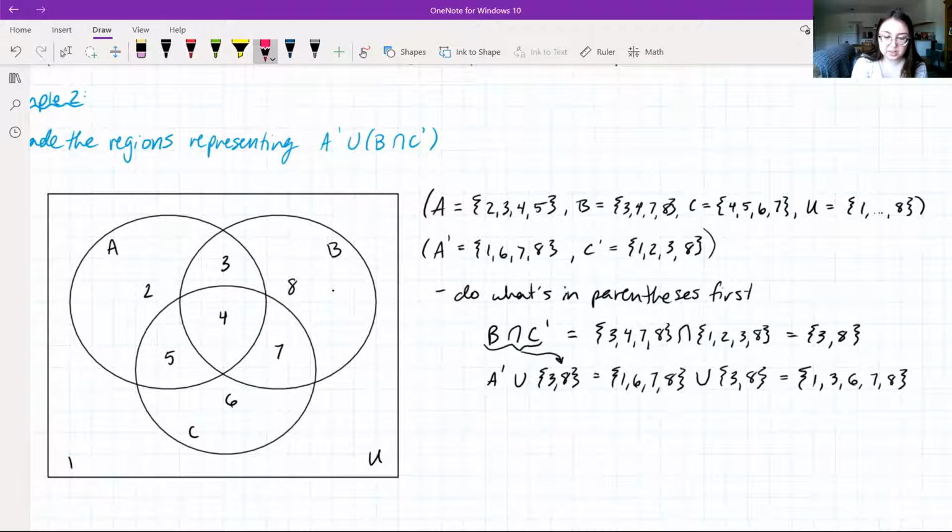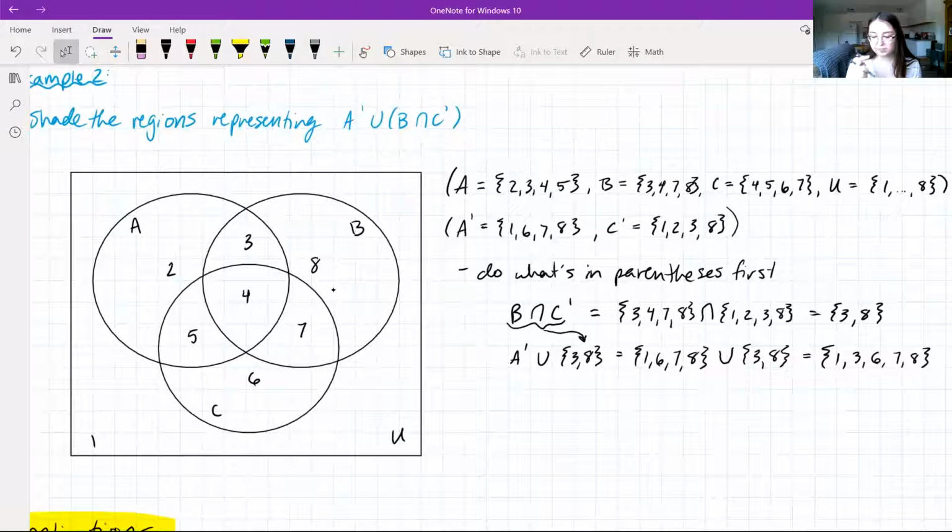So now we get to shade in this region. So since there's a few regions in this case, in our last case there was only 1, 2, maybe 3 regions. So there's more regions in this case, so let's just make a mark of each one and then we'll shade them in. So we see region 1, region 3, region 6, region 7, and region 8.